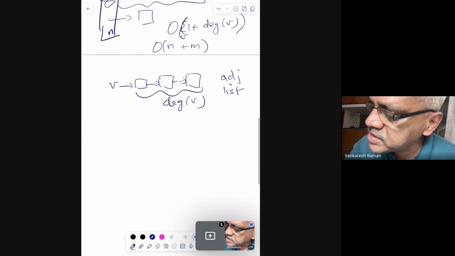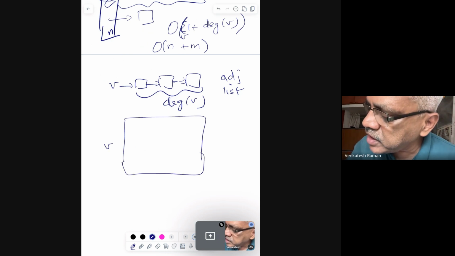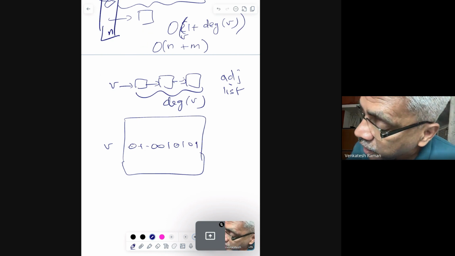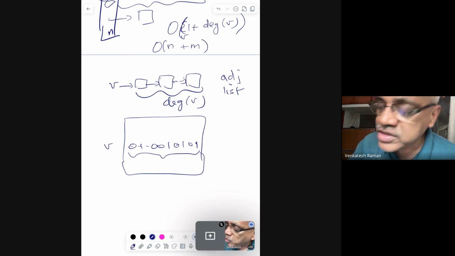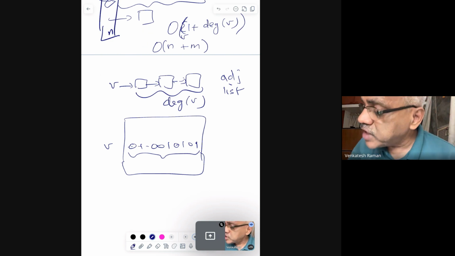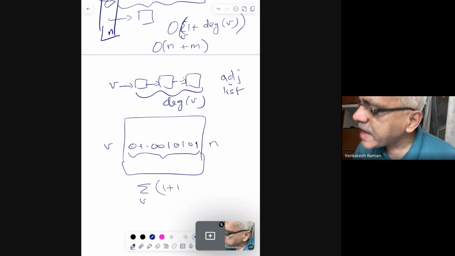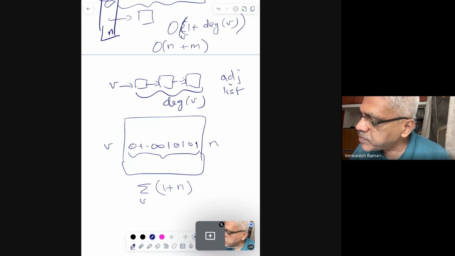But if it's an adjacency matrix, then I have V here. Remember, it's a 0, 1 row. I have to scan the entire row to find the ones, those are my neighbors. So that takes n time. So then it will be summation over V of 1 plus n, not 1 plus d. So this is going to be order n square.